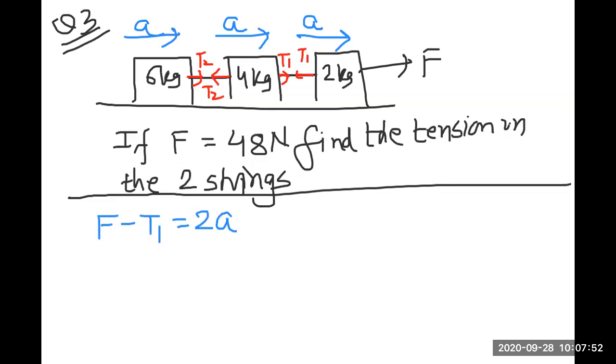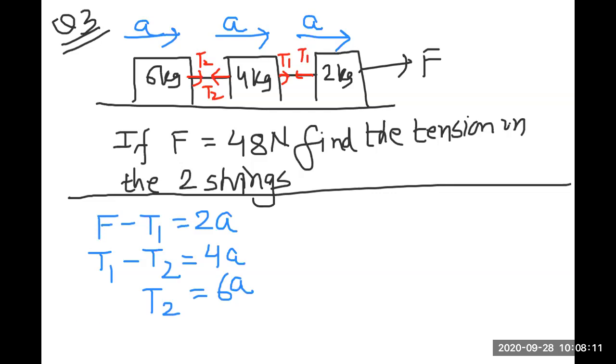For the second block, I must write T1 minus T2 is equal to mass into acceleration. For the third block, I will write T2 is equal to mass into acceleration.